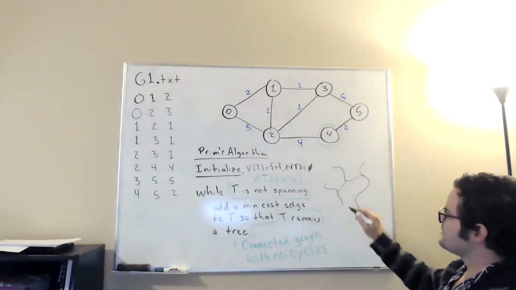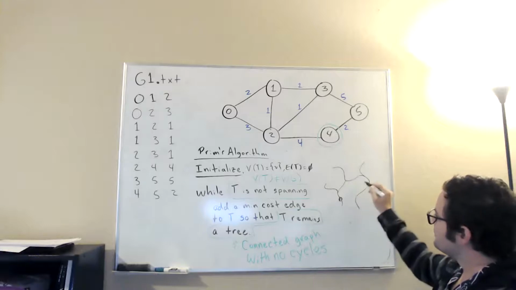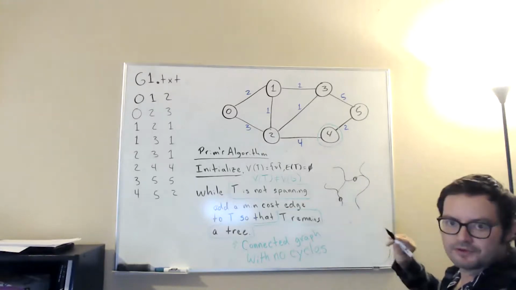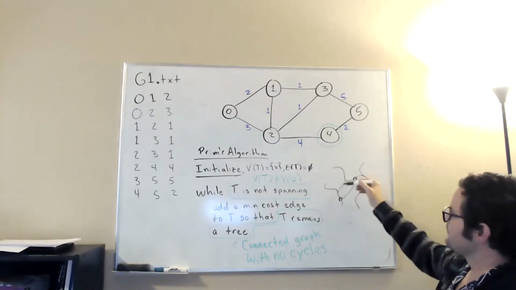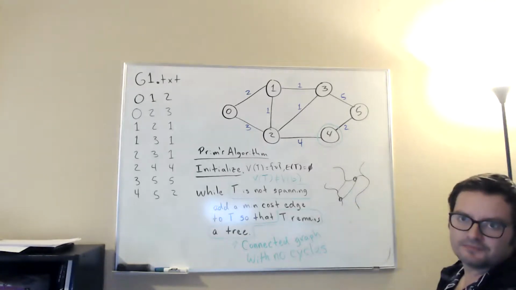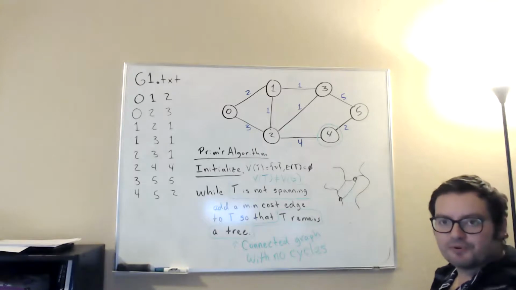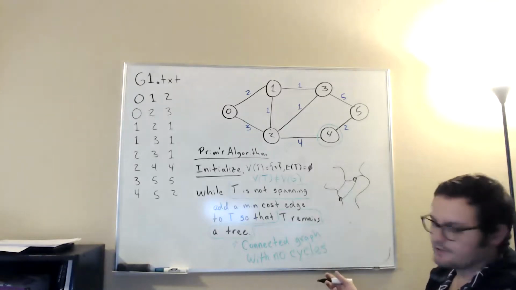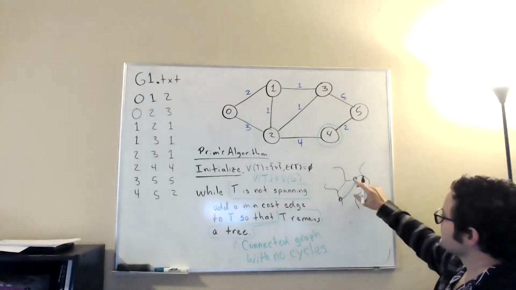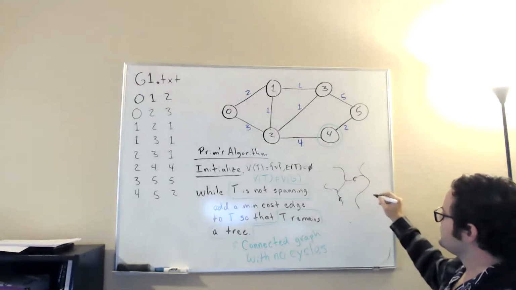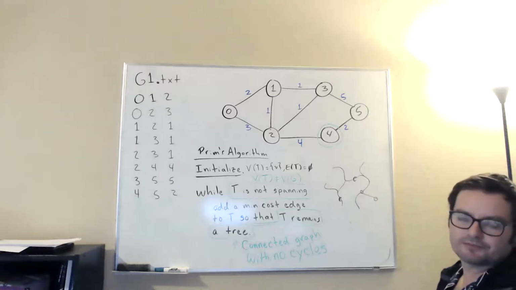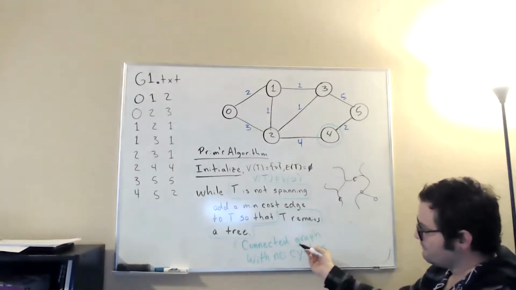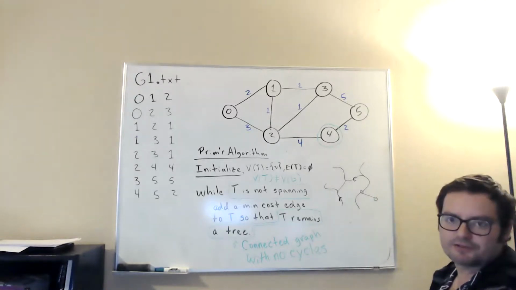If we look at edges that have both endpoints in the tree, and we try to add that, what do we get? A cycle. So if both endpoints are in the tree, then we can't add it, right? We can only add edges where one endpoint's in the tree and one endpoint's out of the tree, if we're going to remain connected and not have cycles.